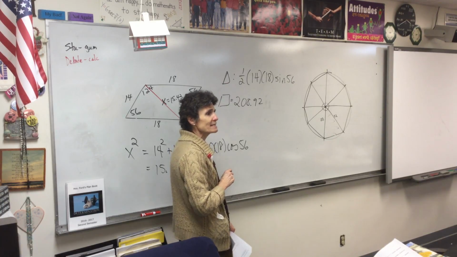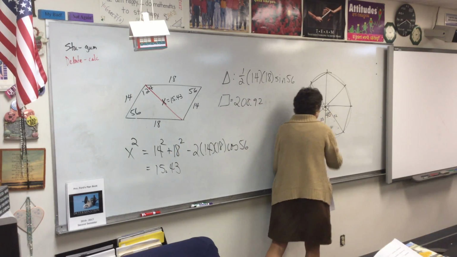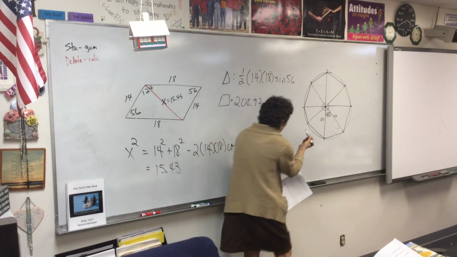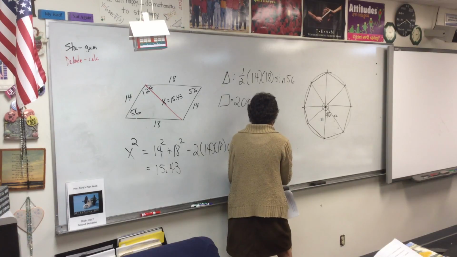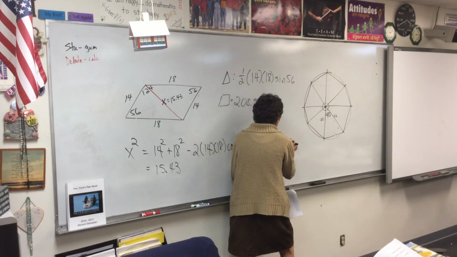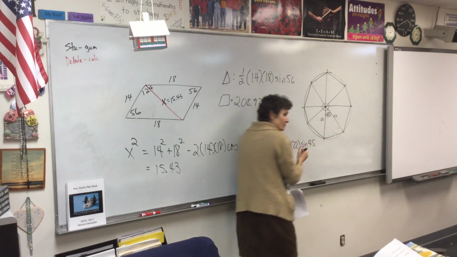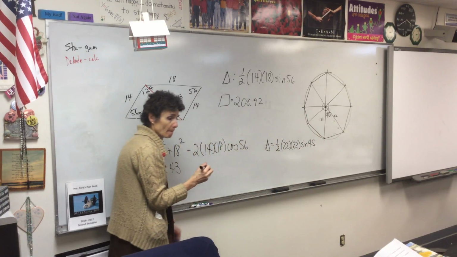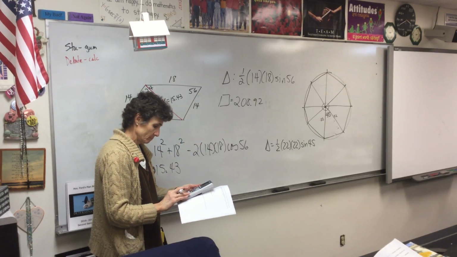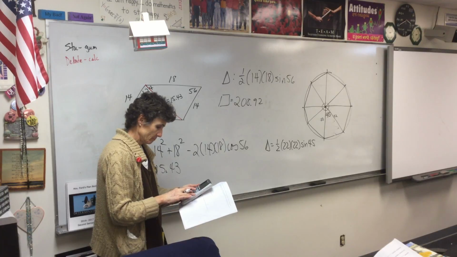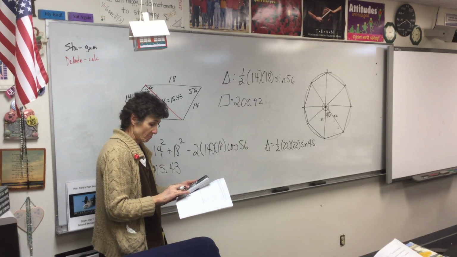Where was I? Oh, 360 divided by 8. So this is a 45. Now look, can I find the area of this triangle? 1/2 times 22 times 22 times sine 45, and then times 8.